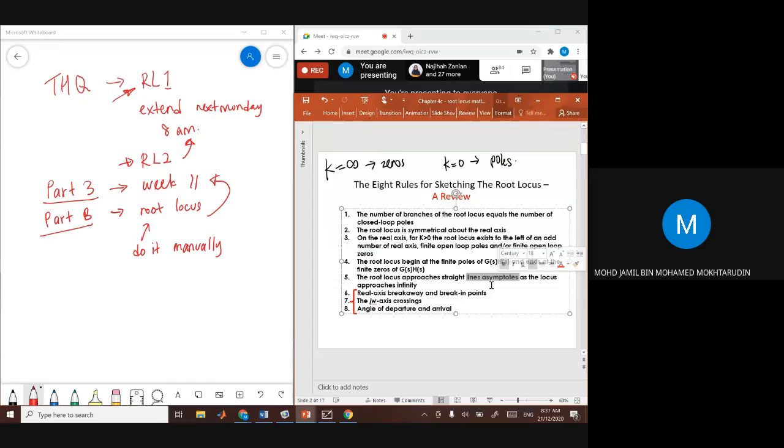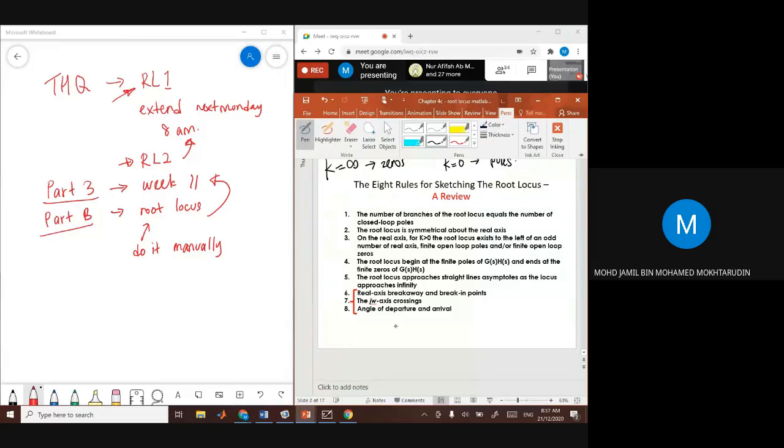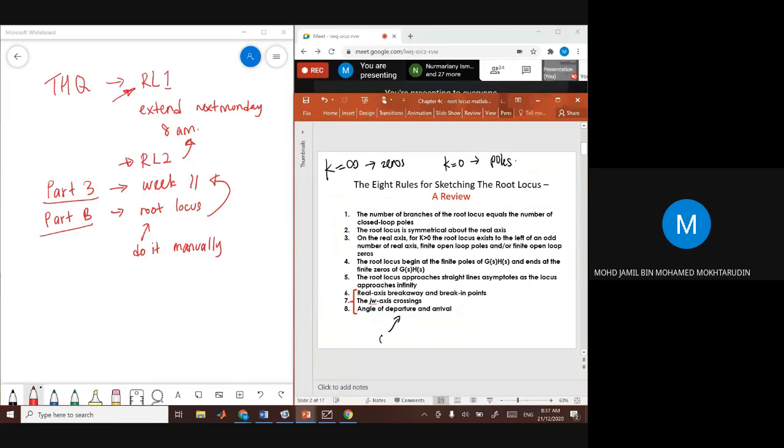Same with jw axis crossing. And also number 8, angle of departure and arrival. These are for departure from a complex pole, and arrival for a complex zero.